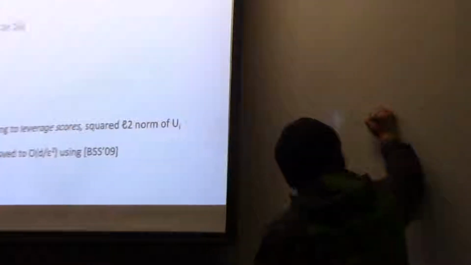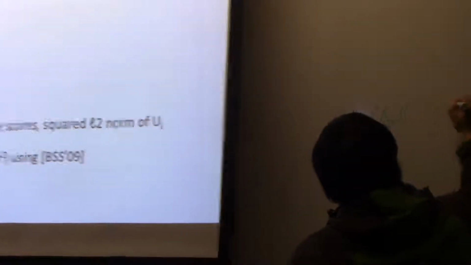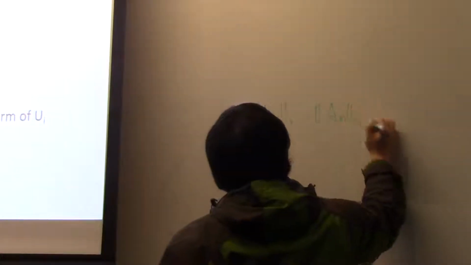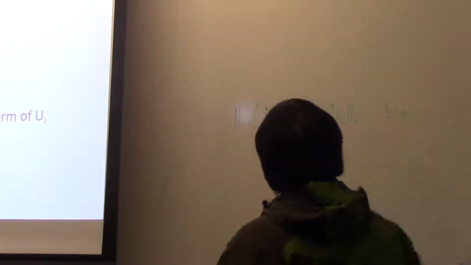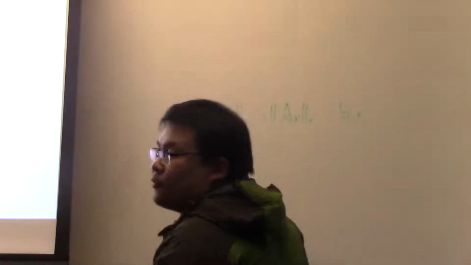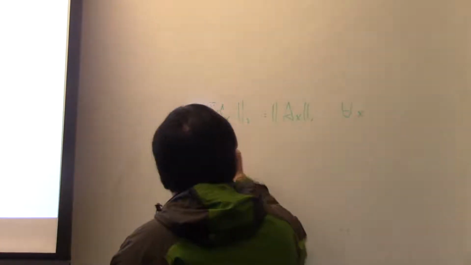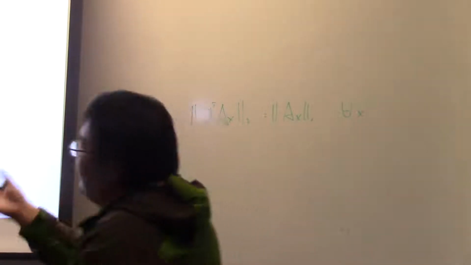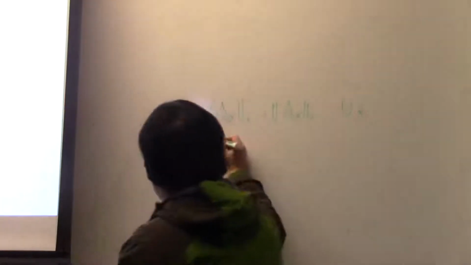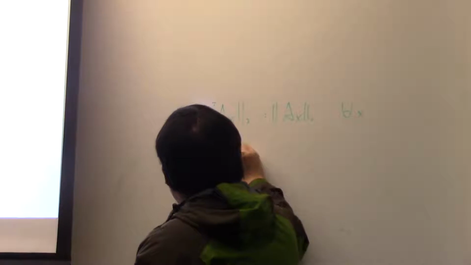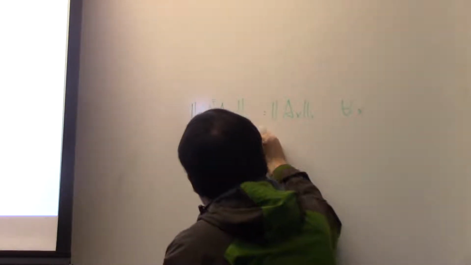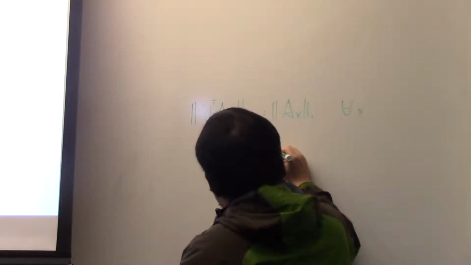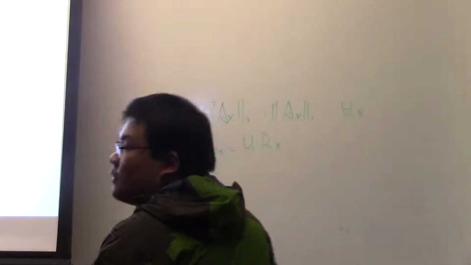I want to show that this is actually the same as this one for all x. Why is this true? Well, this is kind of simple because U is an orthogonal basis of A, so we can write any Ax to be U times the change-of-basis matrix R times x, right?